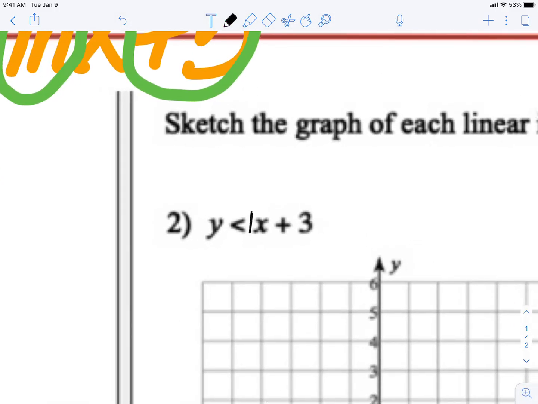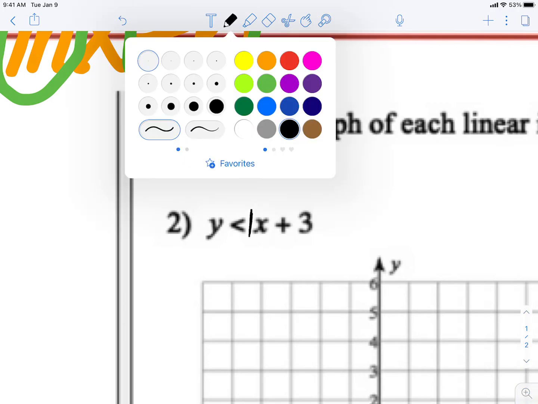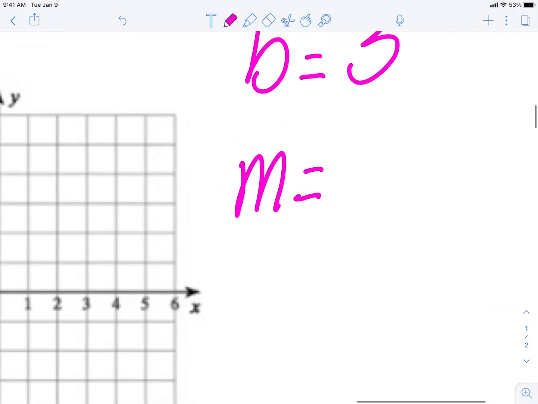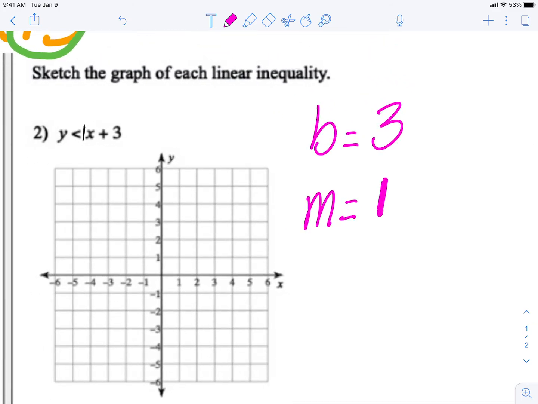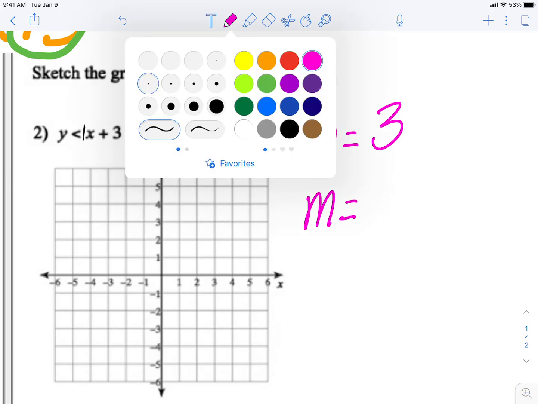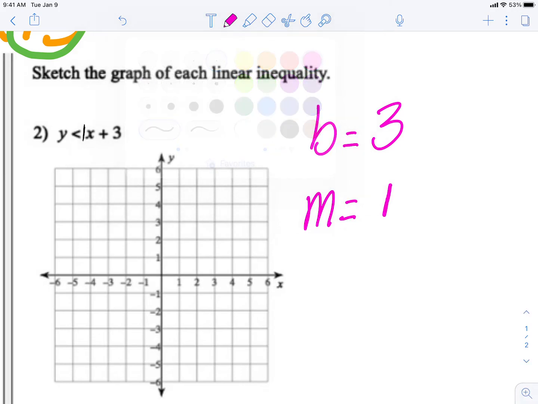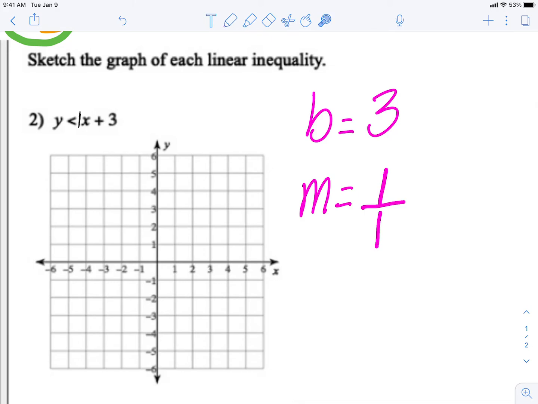I'll show you. Look at that. That 1 is next to x. Right? That 1 is next to x. So this is m is equal to 1. Oops, too much. 1, right? But I need it as a fraction, so I'm going to make it 1 over 1. So I'm going to graph my b first, my y-intercept.